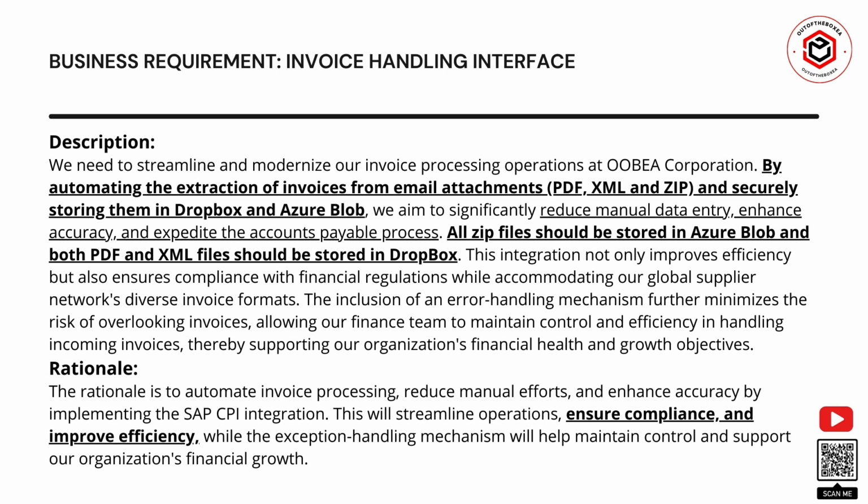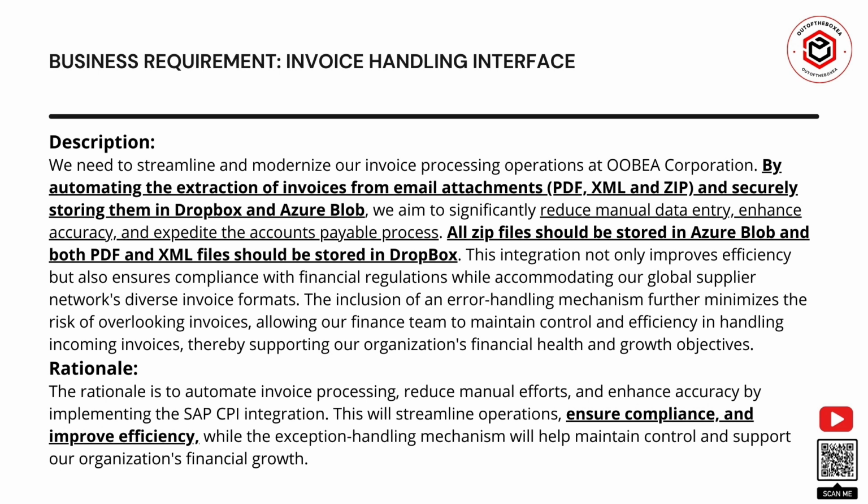The rationale is to automate invoice processing, reduce manual effort, and enhance accuracy by implementing the SAP CPI integration. This will streamline operations, ensure compliance, and improve efficiency, while the exception handling mechanism will help maintain control and support our organization's financial growth. If you understood the requirement, go to the next slide.